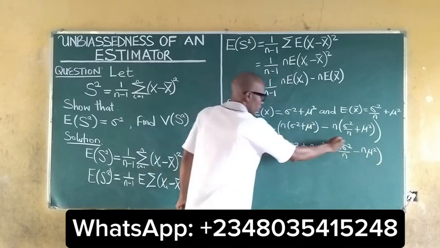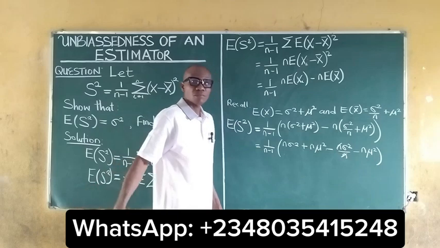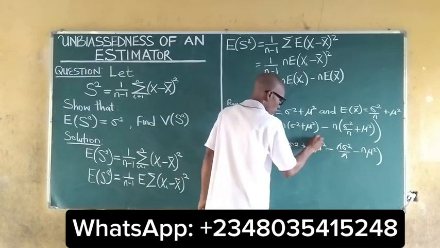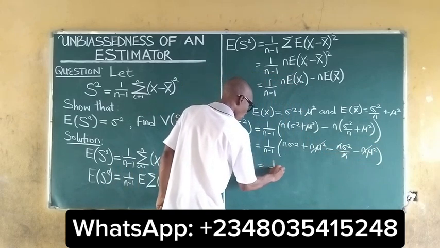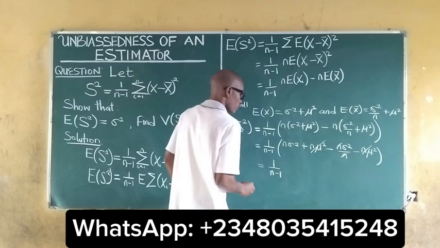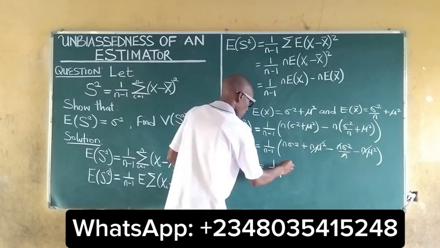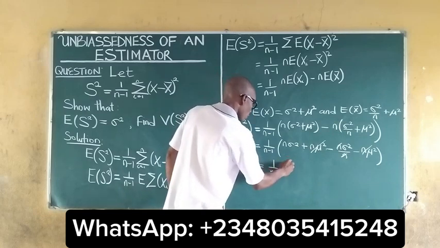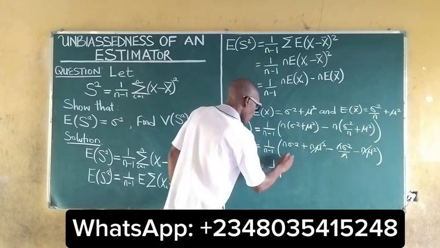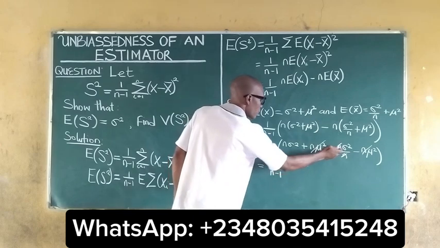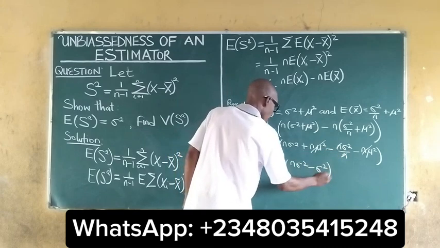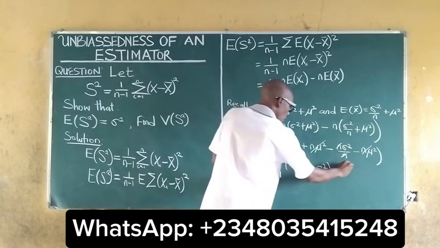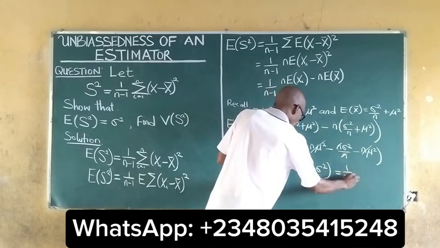So if we see, this can cancel this. Also, this can cancel this. So we are left with 1 all over n minus 1 into n sigma squared minus sigma squared, which is equal to 1 all over n minus 1.